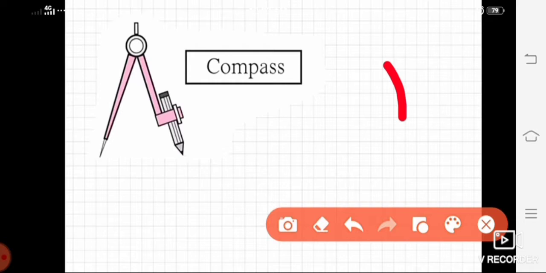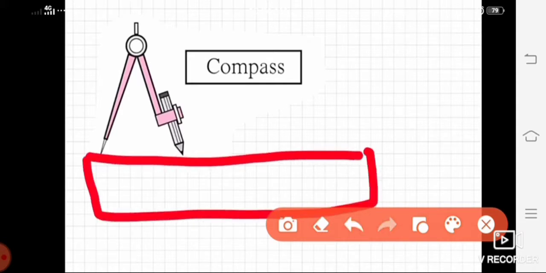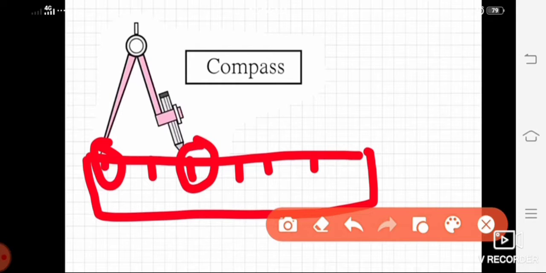Now, see how to take measurement in this compass. You can keep this compass on a scale. Suppose now this is a scale. It has 0, 1, 2, 3, 4, 5 measurements. You can keep it like this. Now see what the measurement is. It is at 0 and 2.